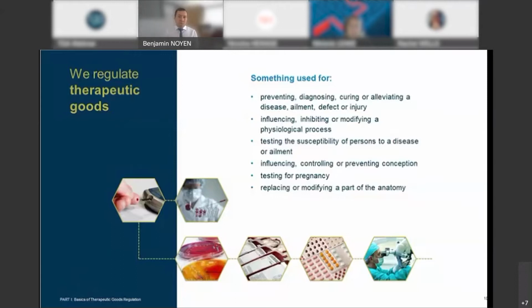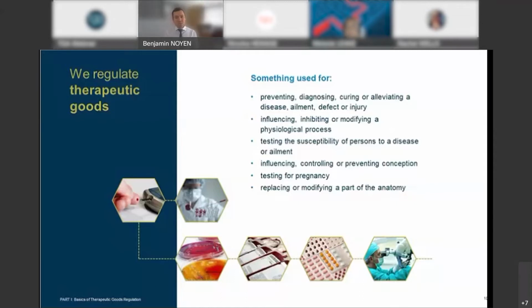So what do we mean by a therapeutic good? It's broadly defined as something used for preventing, diagnosing, curing and alleviating a disease, ailment, defect or injury, such as paracetamol, influencing, inhibiting, or modifying physiology, such as a pacemaker, testing for a disease or ailment, such as an MRI machine, influencing, controlling, or preventing conception, such as a condom, testing for pregnancy, such as pregnancy tests, of course, and replacing or modifying a part of the anatomy, such as a prosthesis.